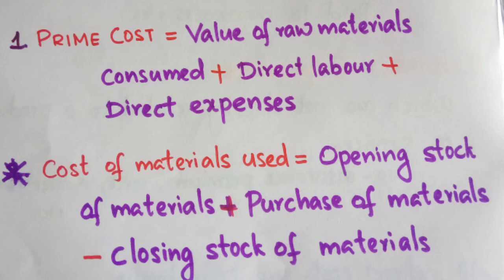In certain questions, the amount of direct materials will not be given. So in that situation, we have to find out the cost of materials used. For that, we have to use the equation: opening stock of materials plus purchase of materials minus closing stock of materials.